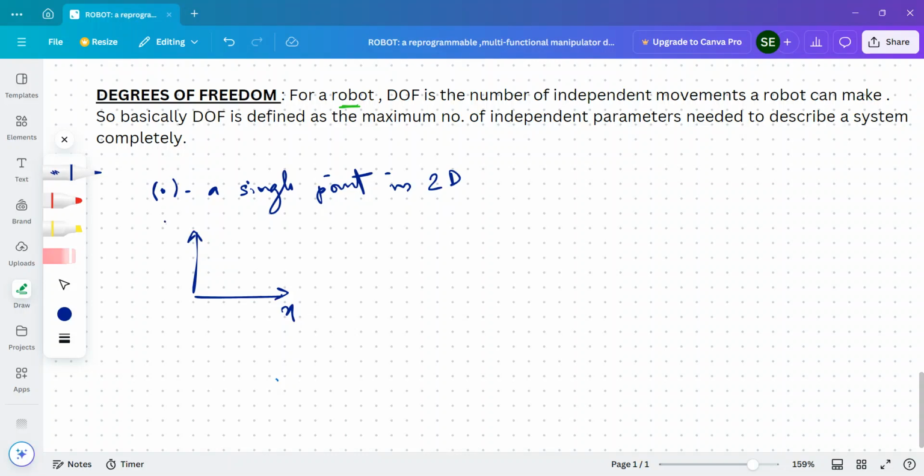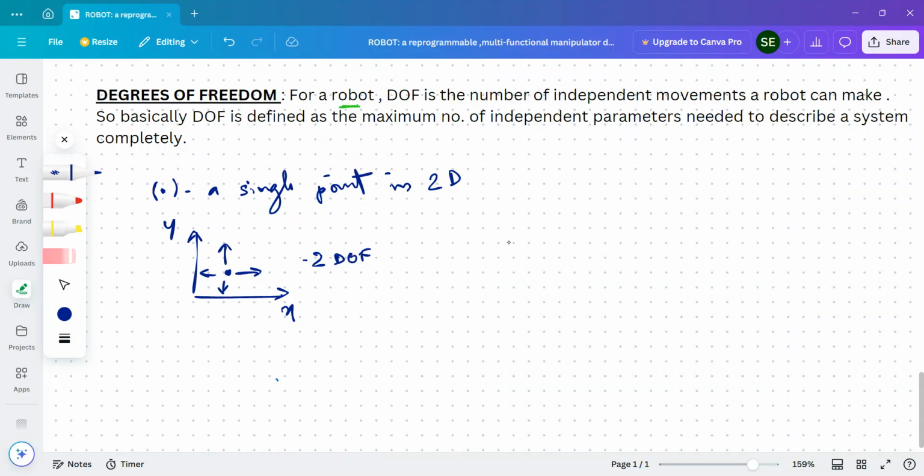Let me consider x and y. You can see that this point can go up and down, and left or right. So it can only move along two straight lines, right? So it has 2 degrees of freedom.